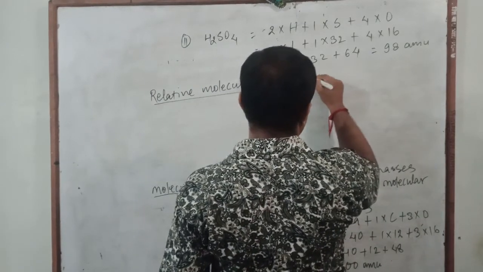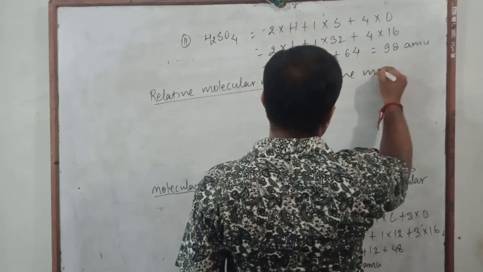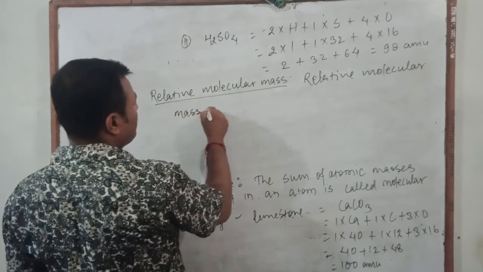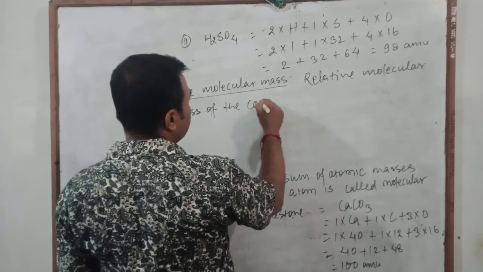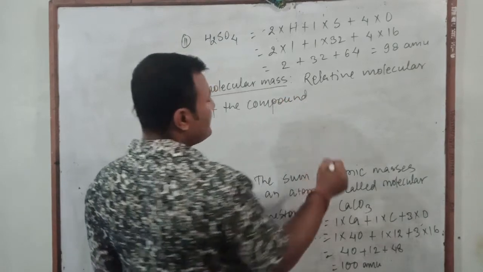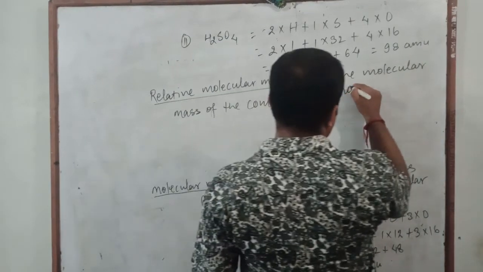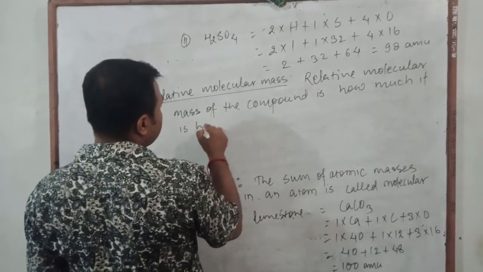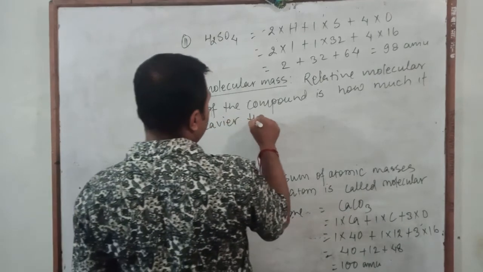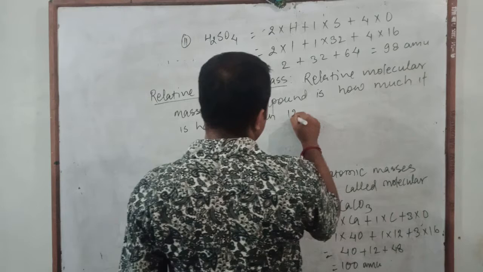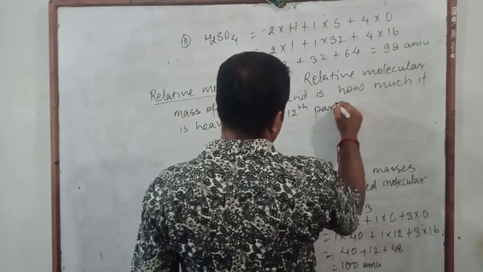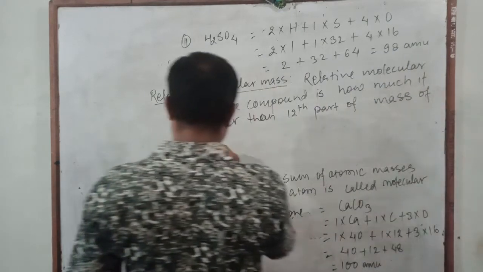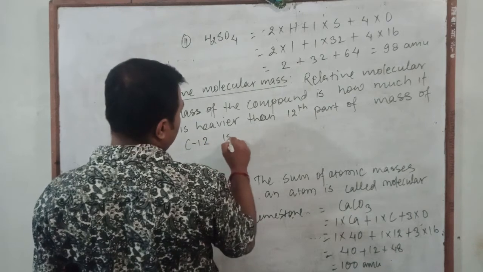Here we write, the relative molecular mass of the compound is how much heavier it is than the 12th part of the mass of the C12 isotope.